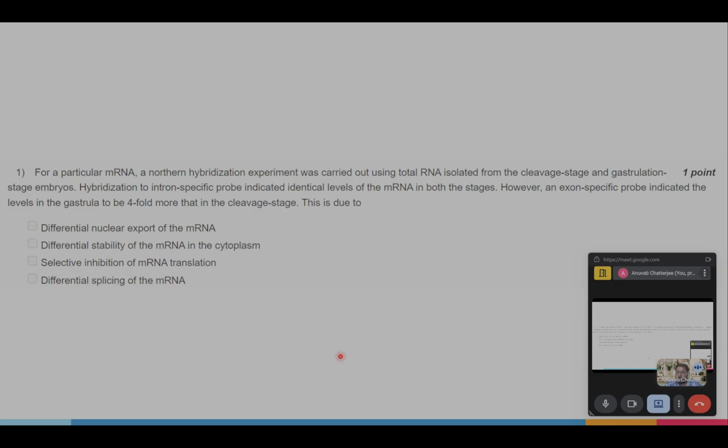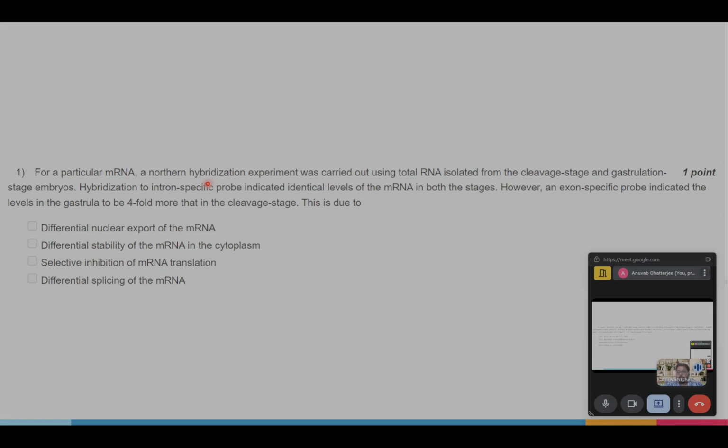The question is, for a particular mRNA, a northern hybridization experiment. Northern hybridization experiments, if you would know, are experiments in which you probe for different RNA or mRNA transcripts present in a particular cell. So this is similar to a southern blot or a western blot, but just for mRNA. A northern hybridization experiment was carried out using the total RNA isolated from cleavage stage and gastrulation stage embryos.